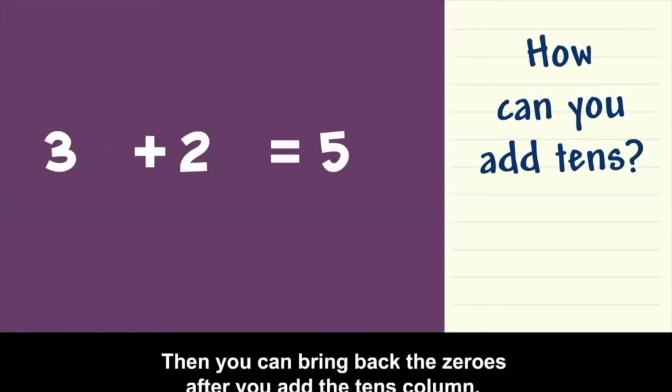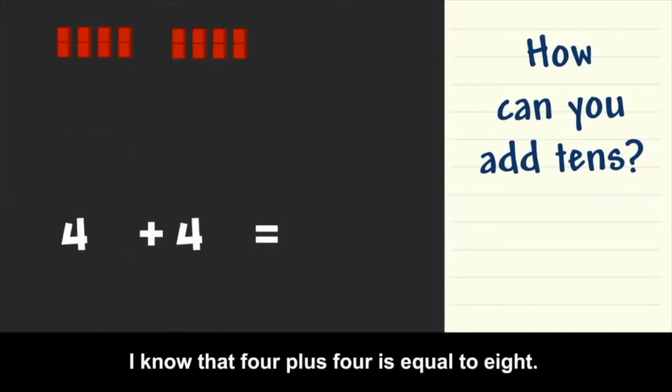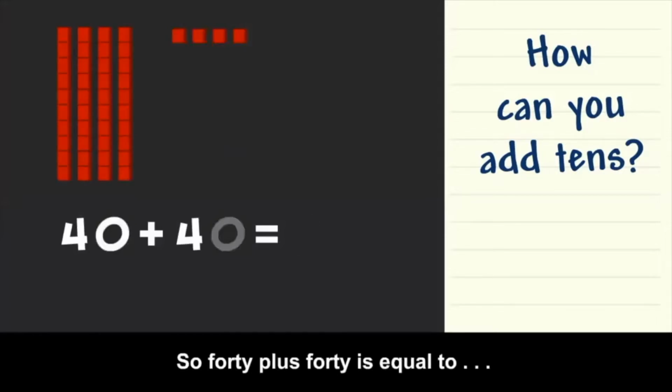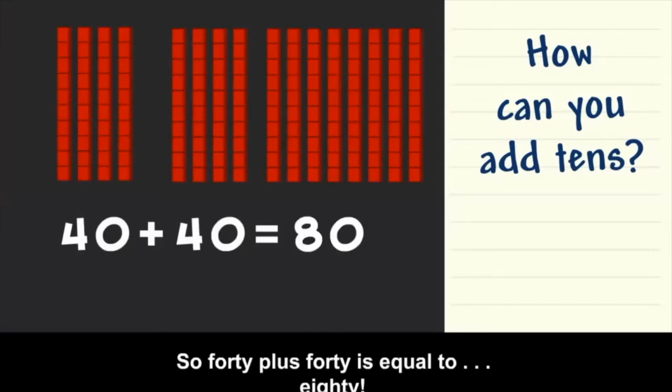Then you can bring back the zeros after you add the tens column. What is 40 plus 40? I know that 4 plus 4 is equal to 8. That's a doubles fact and easy to remember. So 40 plus 40 is equal to 80.